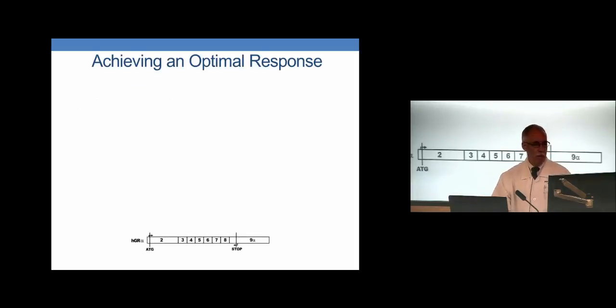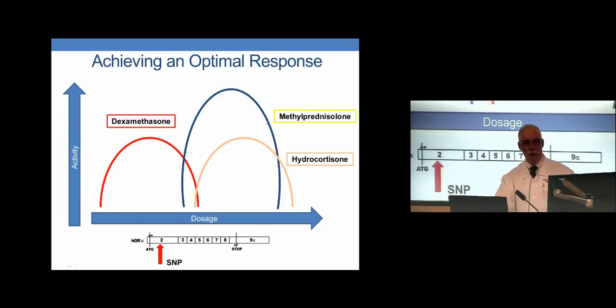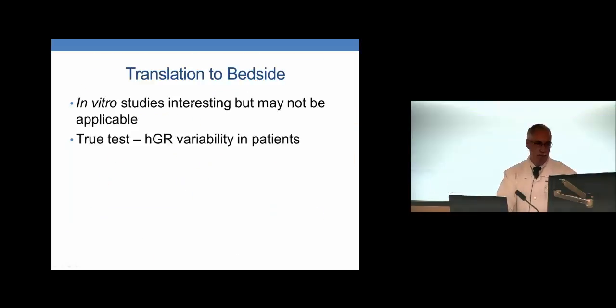And maybe you could do something like this. If this is your structure, we found a dose response based on these, so maybe you'd be better to treat them with dexamethasone. However, if you have this mutation, you're a hyper-responder to methylprednisolone, so you could adjust the steroids based on what your structure and in vitro activity might be. So that's the personalized part of it.